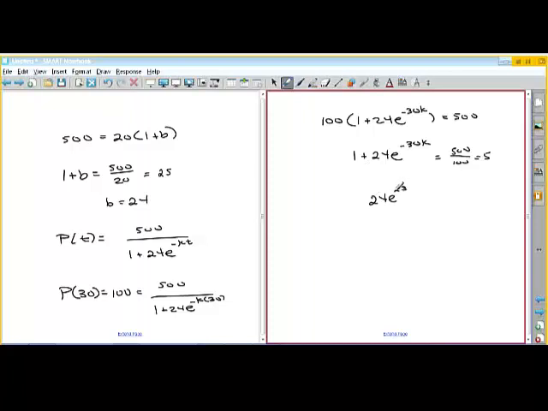Okay, then we subtract 1 from both sides. So you get that. Divide both sides by 24. So 4 divided by 24 is 0.1666. Then you take the natural log of both sides, so you can solve for k.